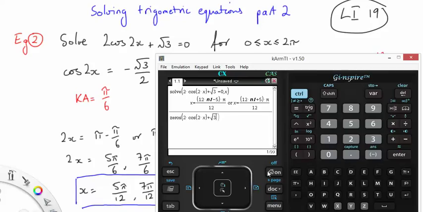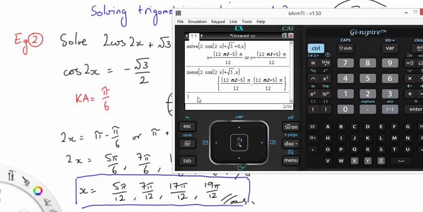Root 3, and we still have to put the argument in, because the argument is x. Let's see what it says. There we are. It gives the same answer, but see how it's got the curly brackets and the comma? If you have like 10 answers, with solve it will go x equals blah blah blah, or blah blah blah, and you have to scroll across. Here, it just lists them out. It's really neat.